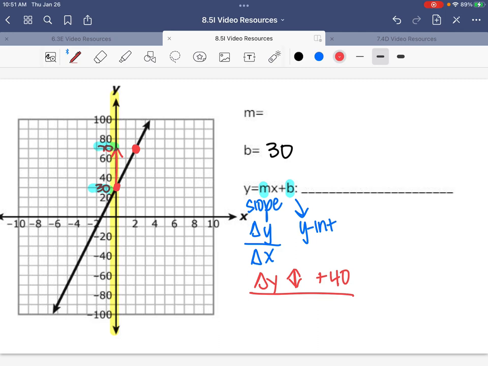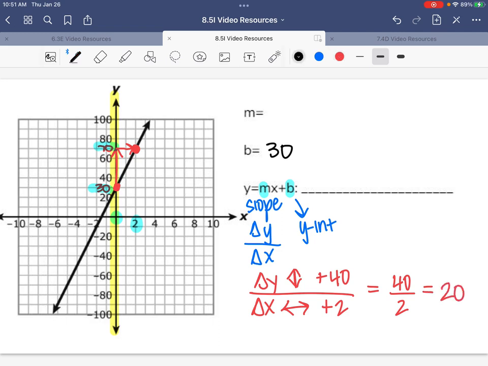And then my change in x, which is left or right, I'm going from 0 all the way to 2. So that is an increase of 2, which tells me that my slope is 40 halves, or 40 divided by 2, which simplifies to 20.